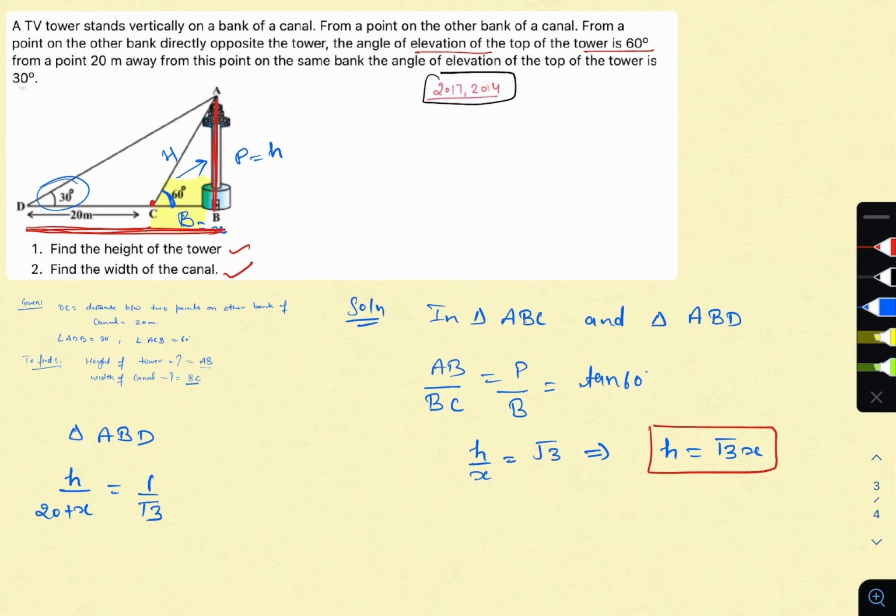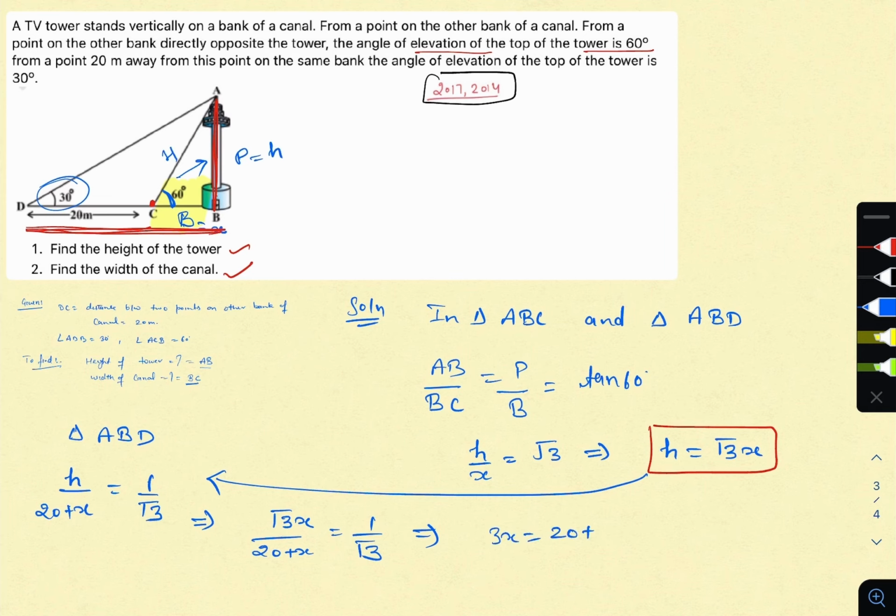So now you can use the value of h here. In place of h, if I write root 3 x upon 20 plus x is equal to 1 by root 3. Now by cross multiplying, what will we get? Root 3 into root 3 will be 3. So it will be 3x is equal to 20 plus x.